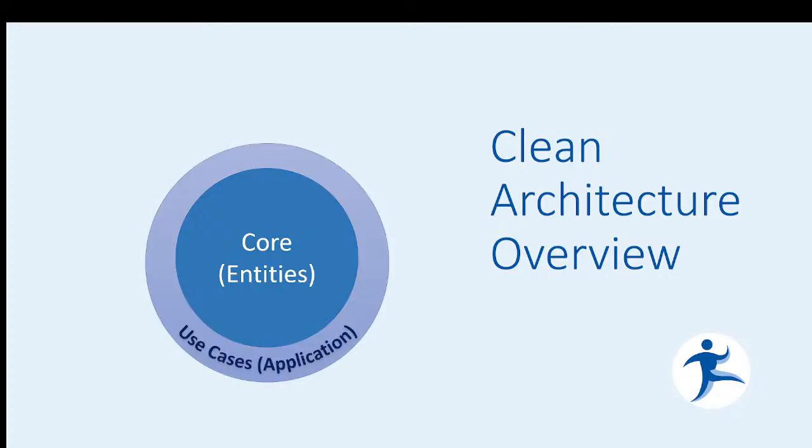The next layer is going to be use cases, or the application layer. So this is application specific business rules. Again, we're still talking about business rules on this part. So where business rules core is like your main, these are the rules. Use cases are, okay, now these are getting more toward application specific. The use cases does know about core.